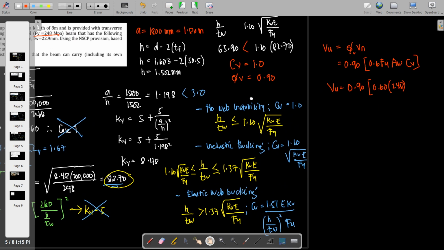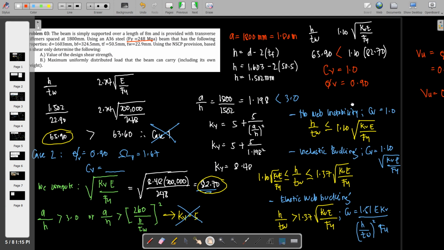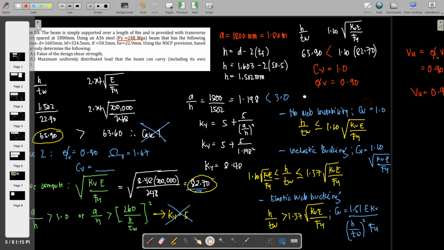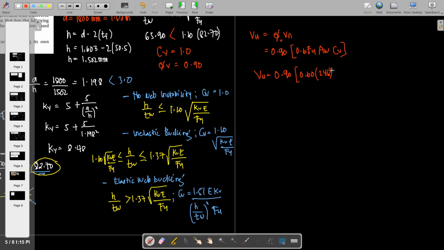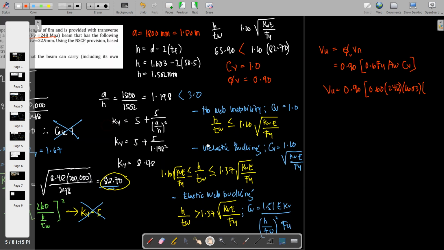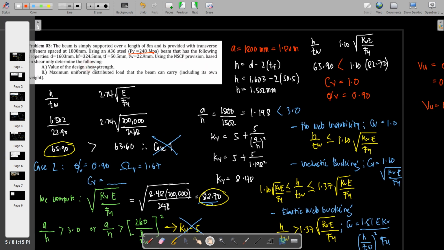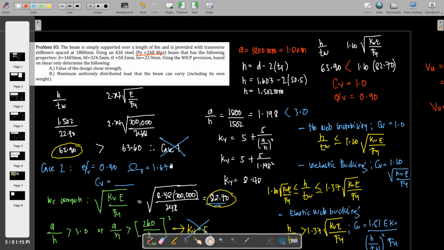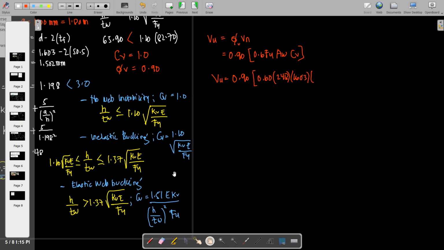So area of the web is the overall depth 1603 times web thickness. Yung web thickness natin is 22.9 here. 22.9 times Cv of 1.